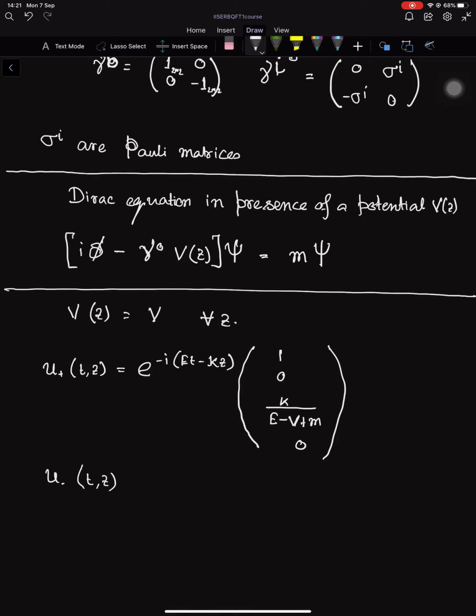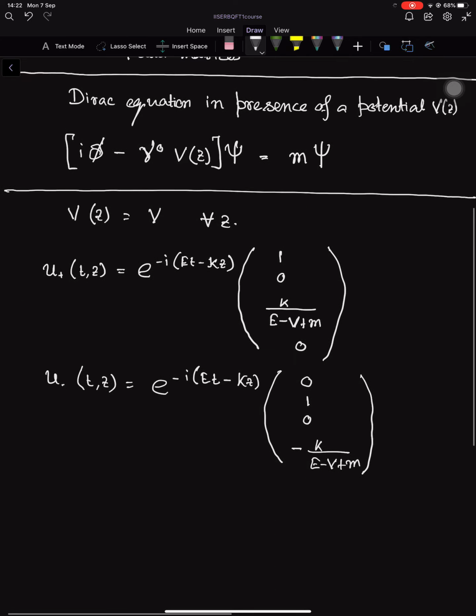The subscripts plus and minus denote the spin up and spin down solutions. If you go to the rest frame and compute the spin of these particles, it will just compute the spin up and the spin down. The other is 0, 1, 0, minus k over E minus V plus m. Okay, but this was for constant potential.